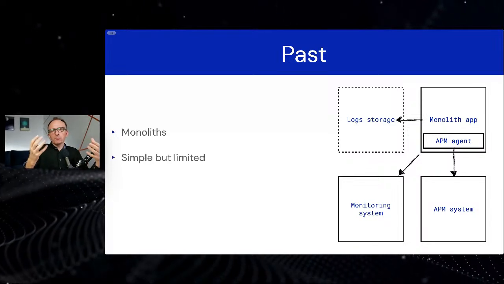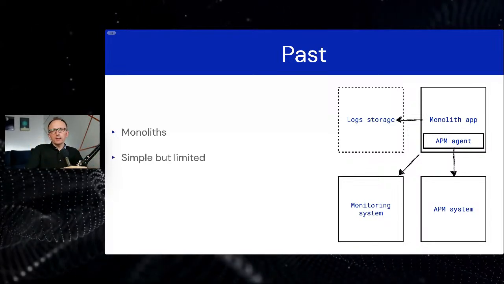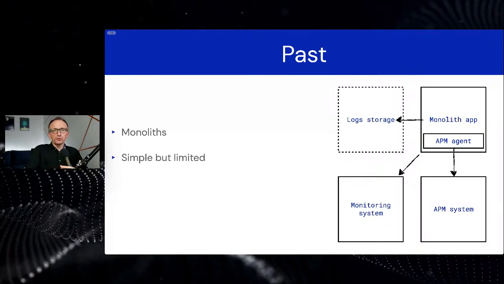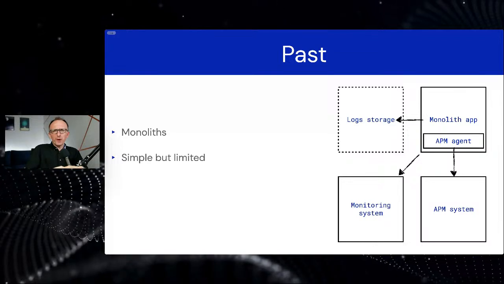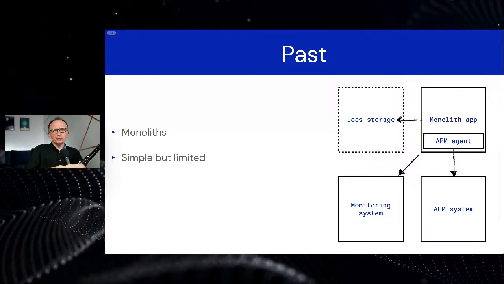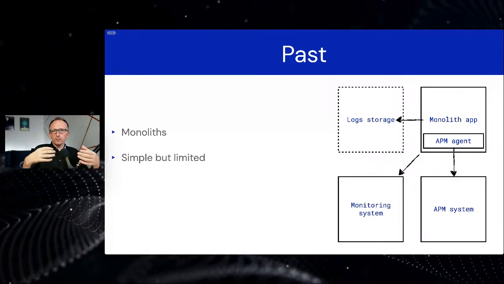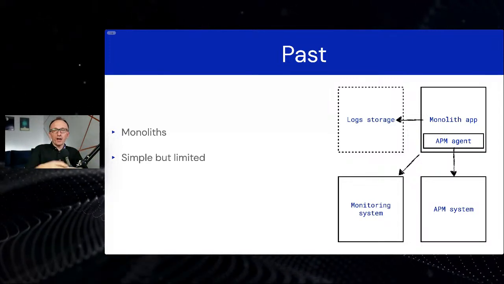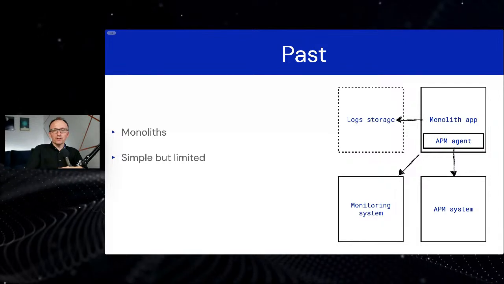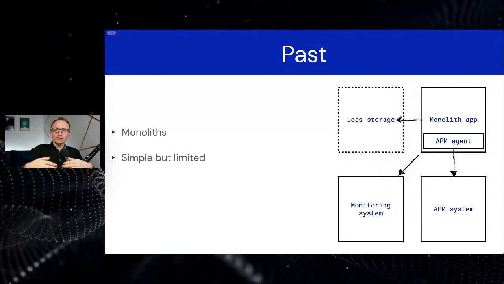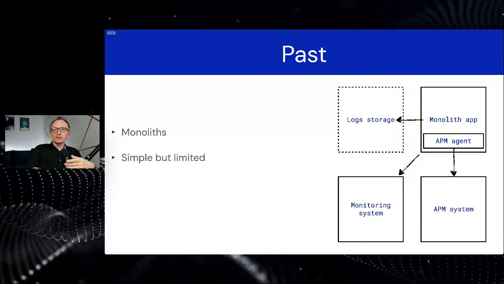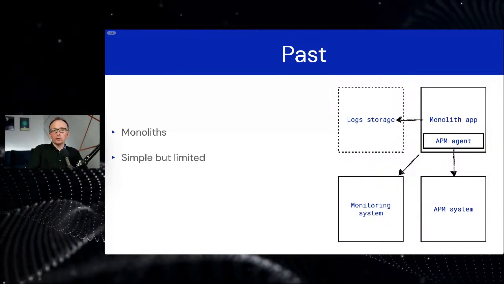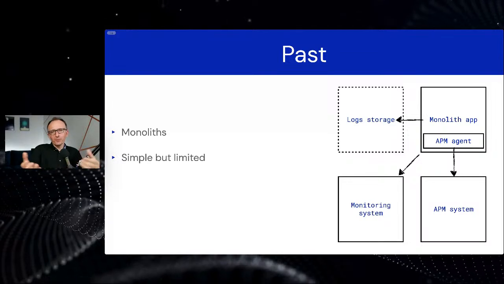If you had a monolith application, in order to gain some insight into your application, all you needed to do was to have some APM, application performance monitoring agent, running alongside your application that would send some traces, metrics, and maybe even logs to your APM system or platform.